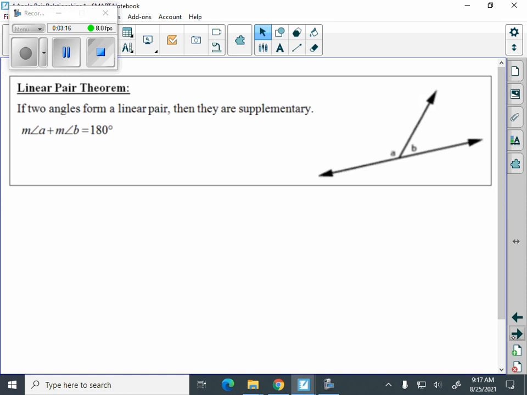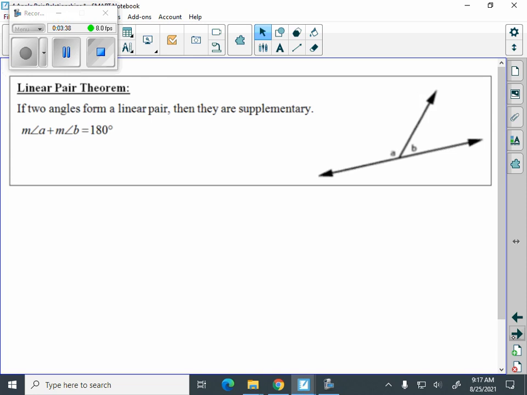But this is an illustration of a linear pair. So here's an angle, angle A, and angle B. They are side by side. And then we've got this ray in between them.